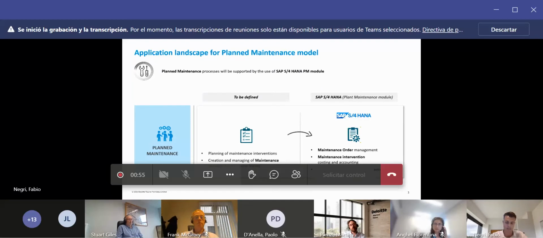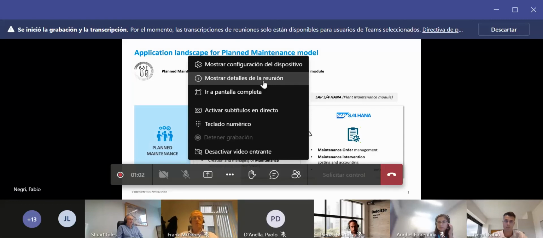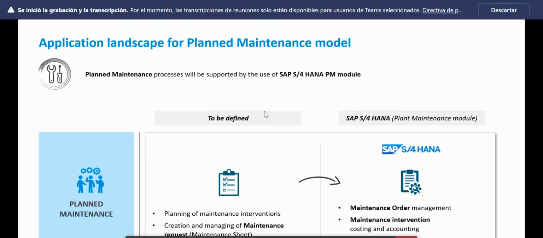It is foreseen that SAP S/4HANA will support for sure the process in terms of creation of the maintenance order, costing and accounting of the maintenance intervention, and management of the spare parts inventory, as we saw also for the corrective maintenance.